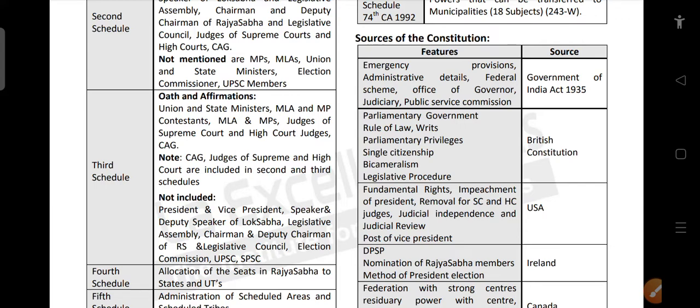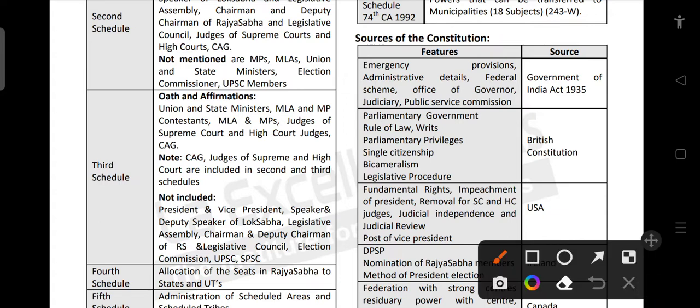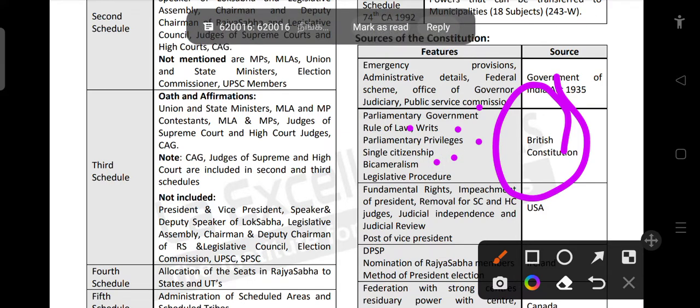Now, from the British Constitution, we adapted parliamentary government, rule of law, writs, parliamentary privileges, single citizenship, bicameralism, and then legislative procedures.